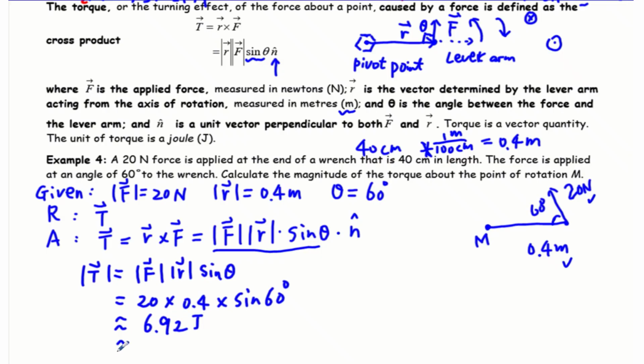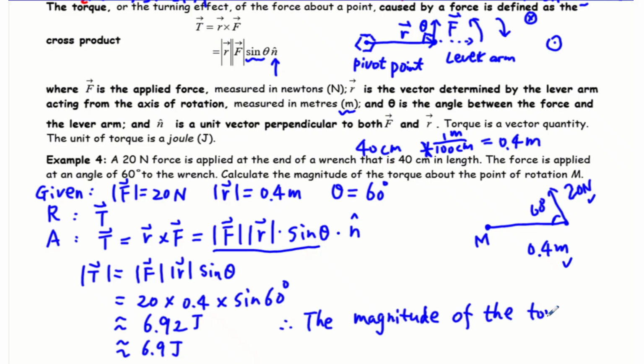We could just round it to one decimal place. Then write a statement: therefore, the magnitude of the torque is 6.9 joules. So this is all for today's lesson.